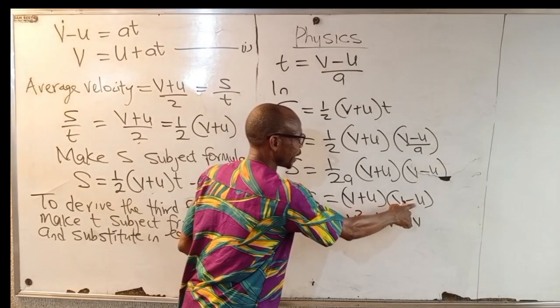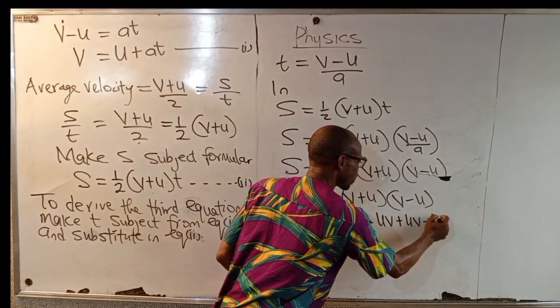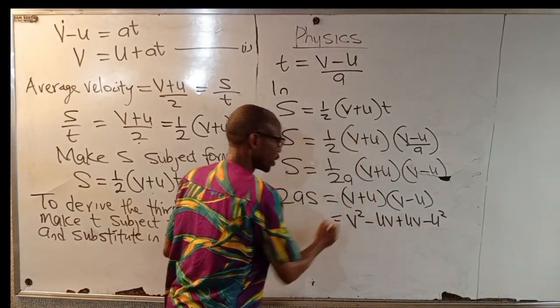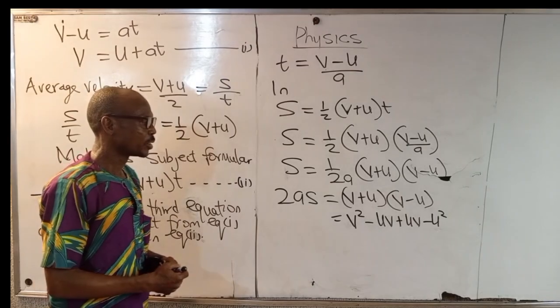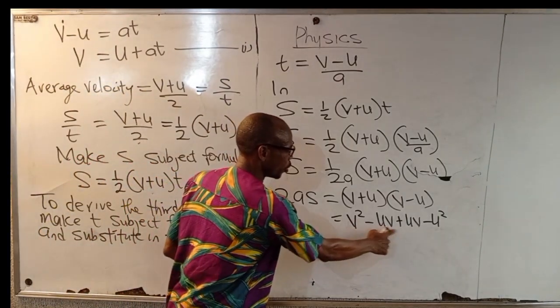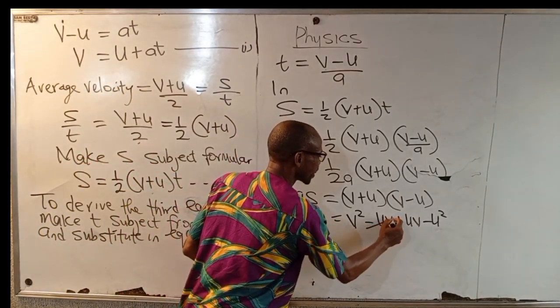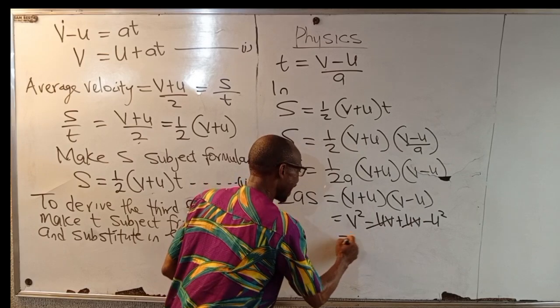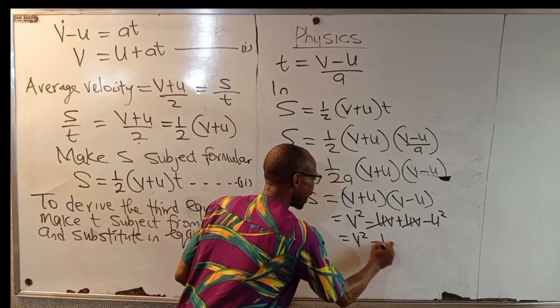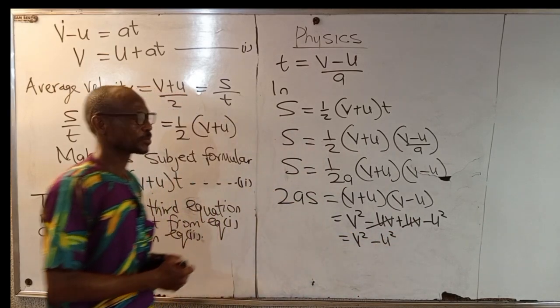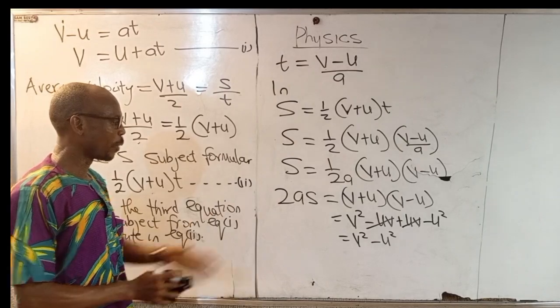And u times minus u gives minus u squared. You can see that minus uv plus uv will cancel out. So we now have v squared minus u squared.